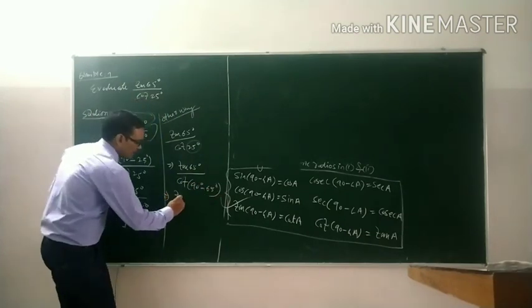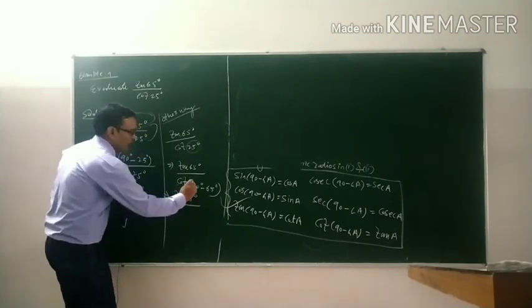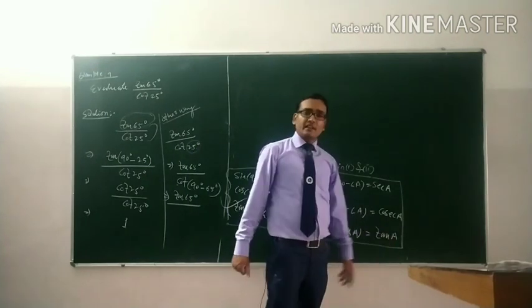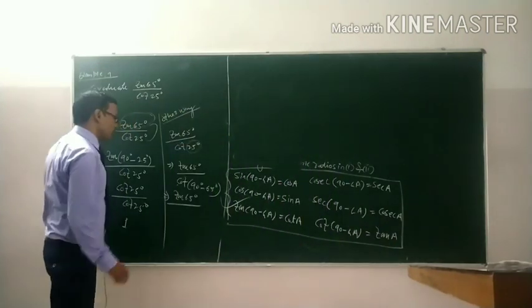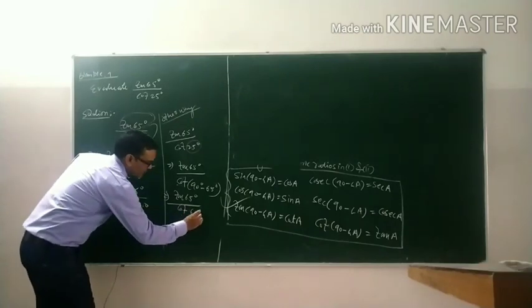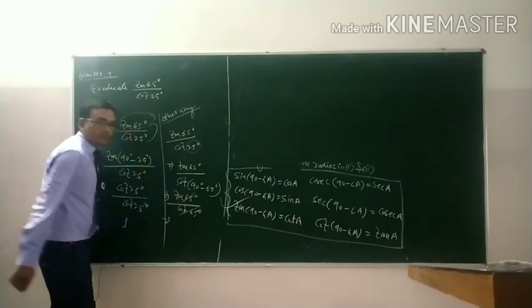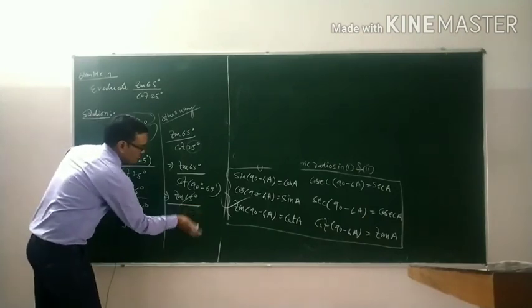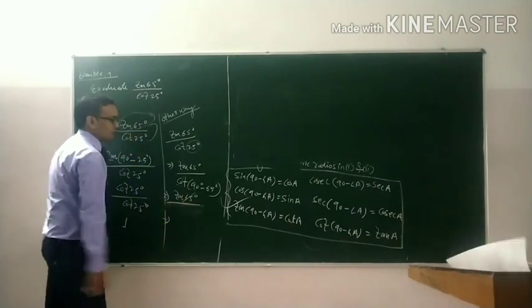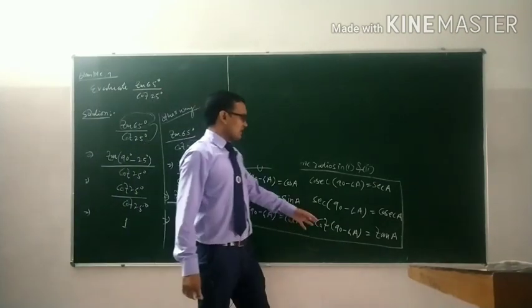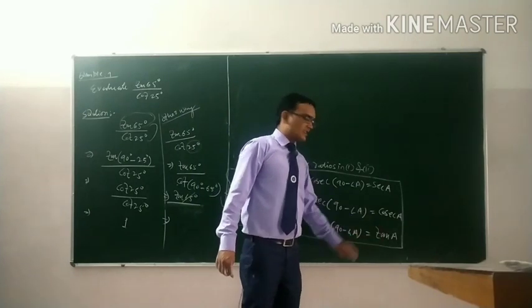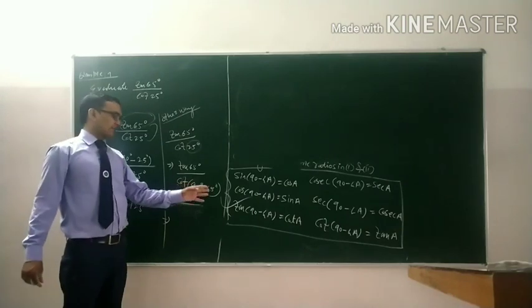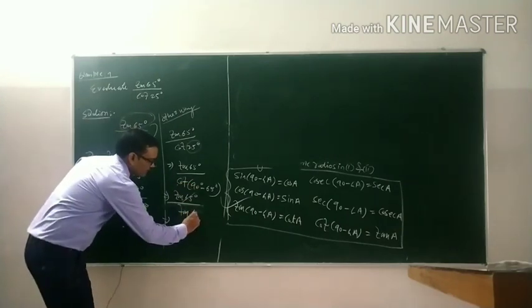Using cot 90 minus A equal to tan A, cot 90 minus 65 is tan 65.